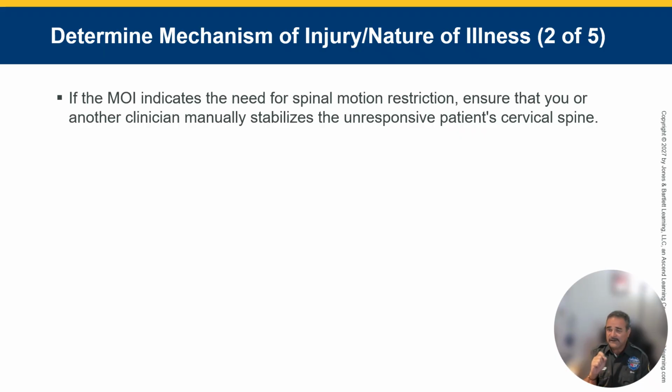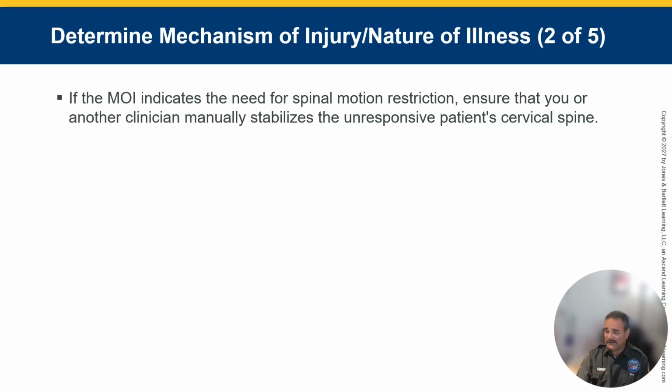But at least when you have somebody who's unconscious, you want to have somebody hold C-spine. We will talk about this in trauma in depth, but they hold the patient's head in a position where the airway is open and the head is stabilized the best that they can, okay, while you're doing your assessment.